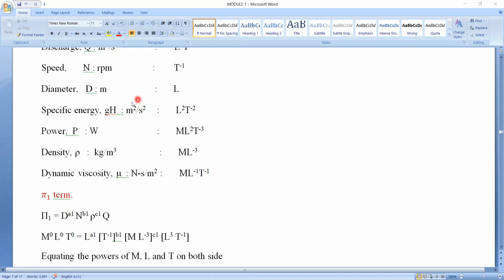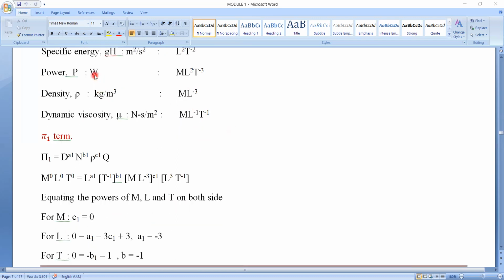Meter square per second square is the unit for GH, and meter square, meter is a length, that is L, and for the time we have to take t. So it is in the denominator, take it to the numerator, you will get t to the power minus 2.